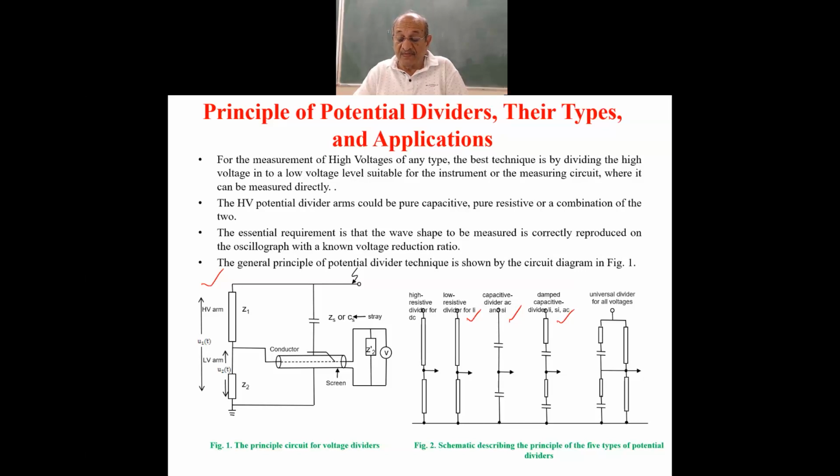With the capacitor, you put another resistor also in both Z1 and Z2, formed with the help of capacitance and resistance. So that is called a damped capacitive divider. That is also used very widely now.